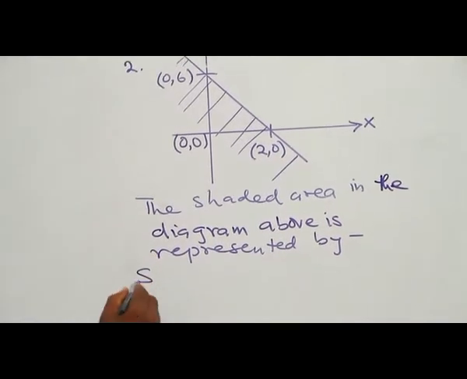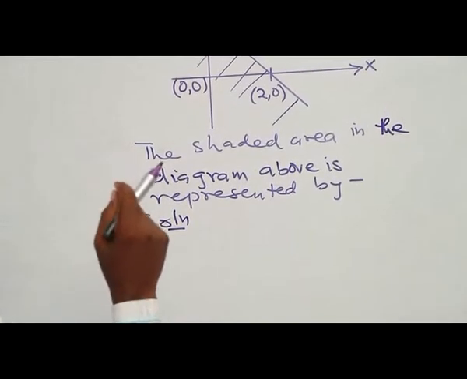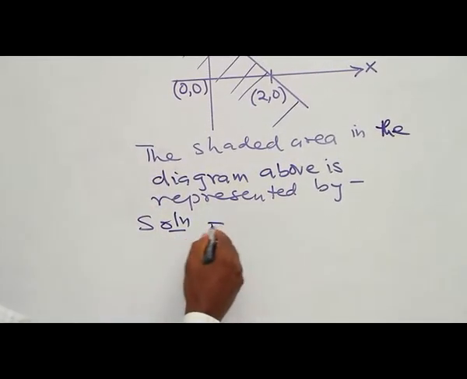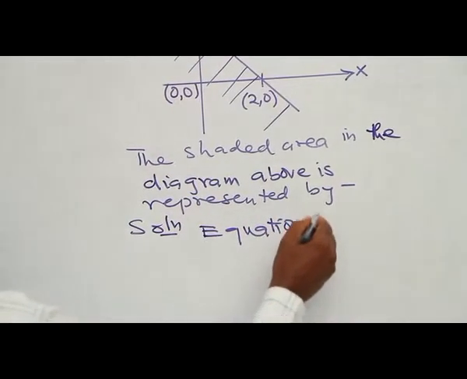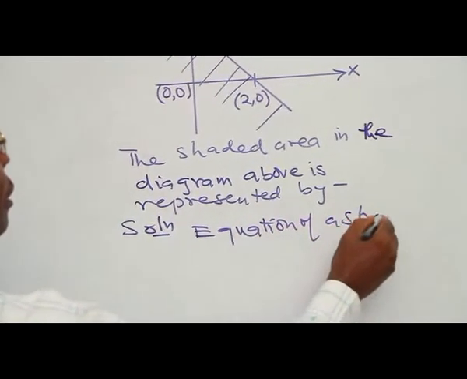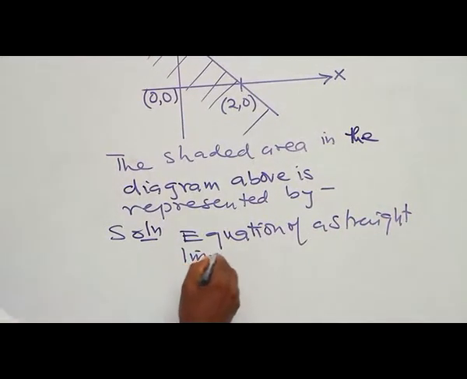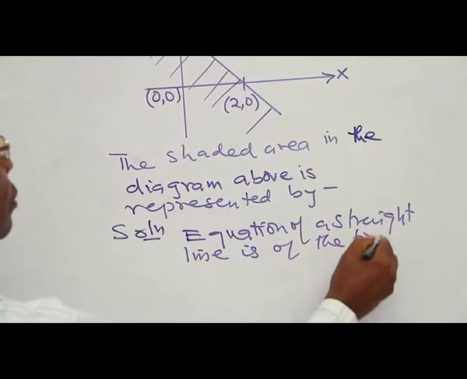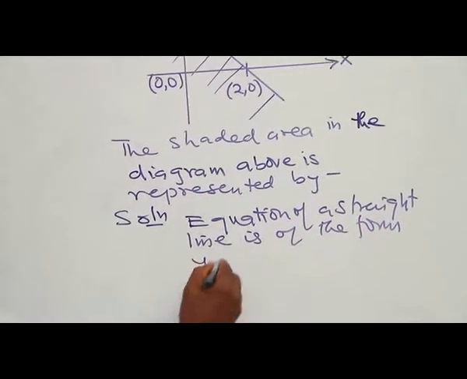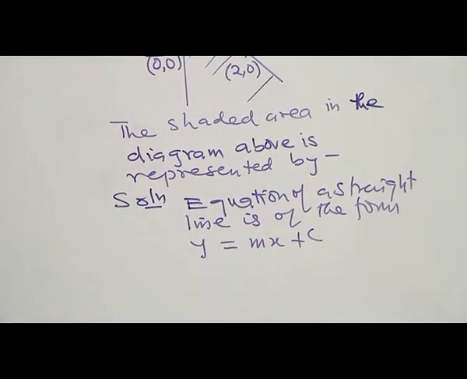Now, our solution. If you can recall, the equation of a straight line is of the form y = ms + c.